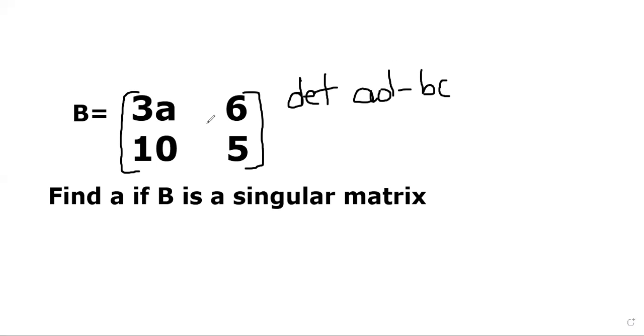So it would be 3A, because it's in the form A, B, C, and D, right? So it's 3A times 5 minus 6 times 10, and that is equal to 0, and that's what the determinant tells us, right?